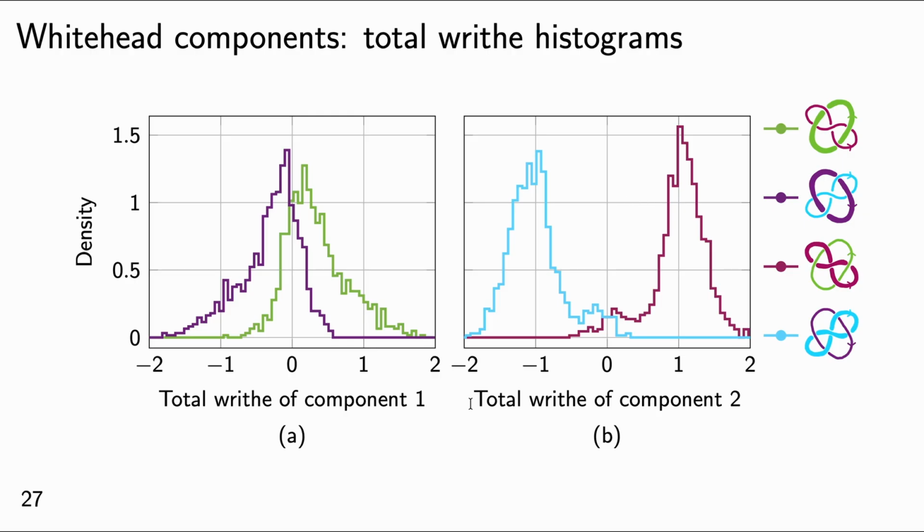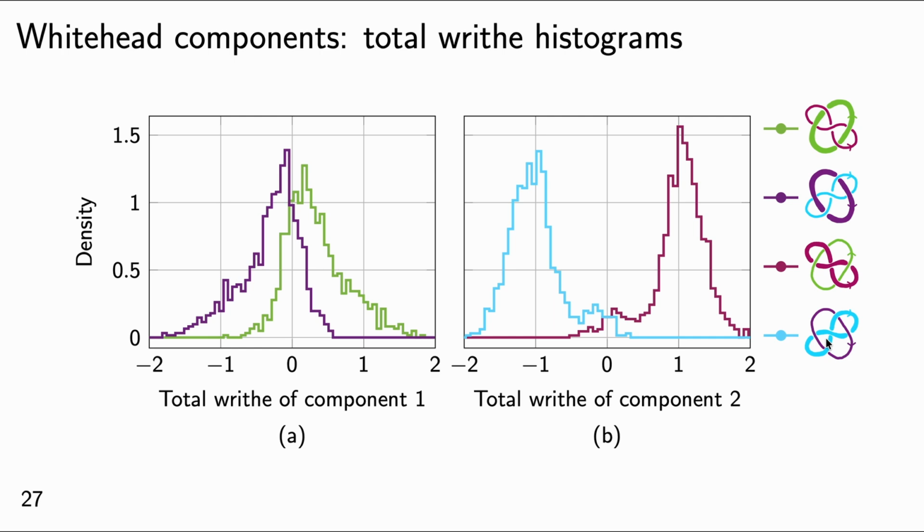And so it's no surprise that both of these plots are mirror image reflections, because basically when you take the mirror image, you're going to expect the mirror image for the total Writhes. However, what we should expect is that these plots are the same. And the reason we should expect that is because topologically speaking, the magenta component and the blue component are the same.